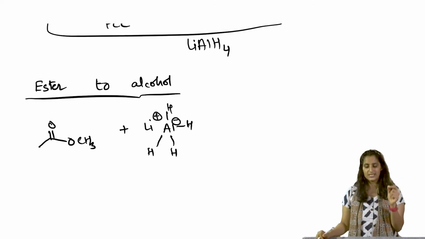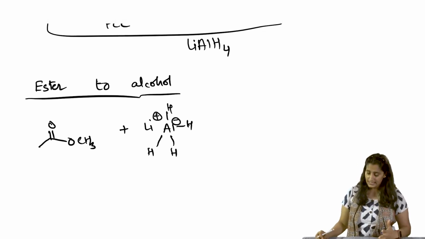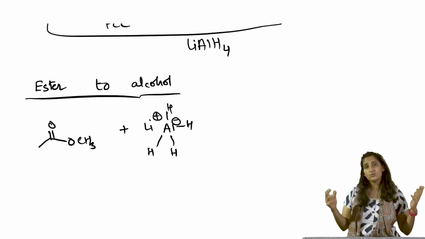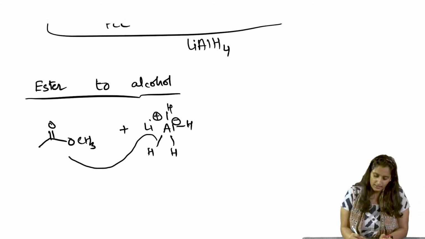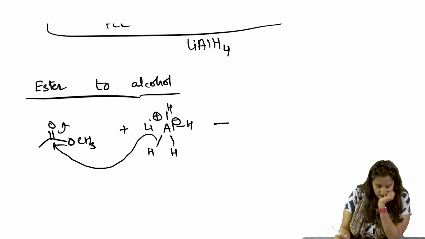As you can see, it has aluminum attached to 4 hydrogens and has a negative charge, and thus it is a very good source of H minus, and that is going to attack here and open this up. Okay. So, what do we have here?